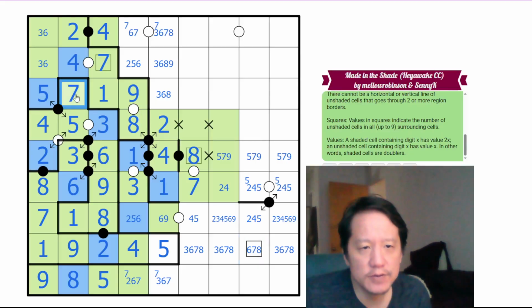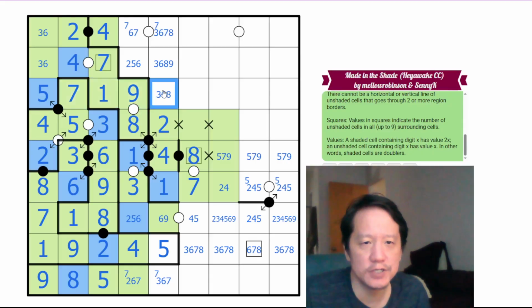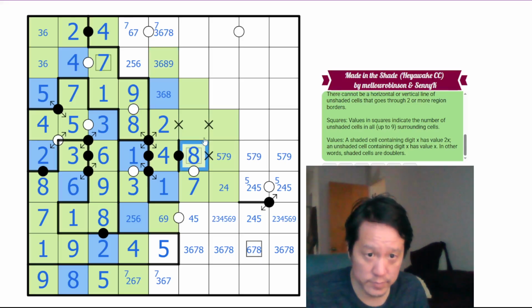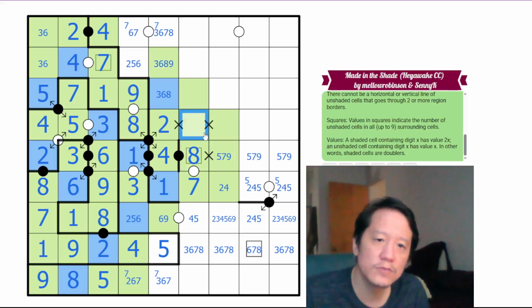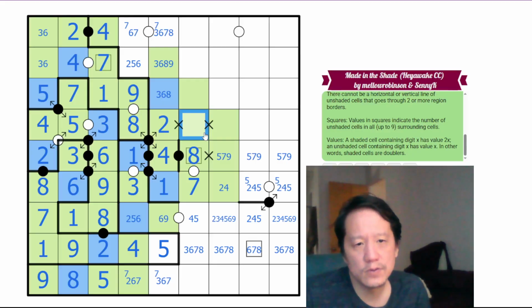We have shaded cells crossing one region and cannot cross another, so this is blue. Which means these have to be green. Six cells in the same region.